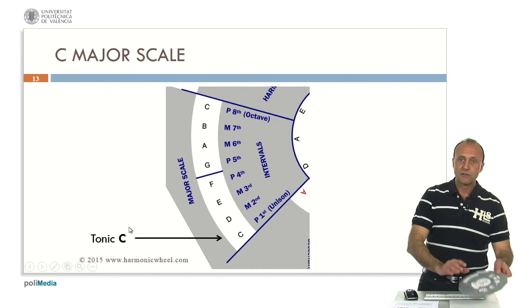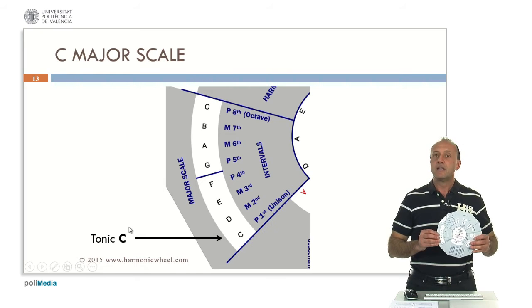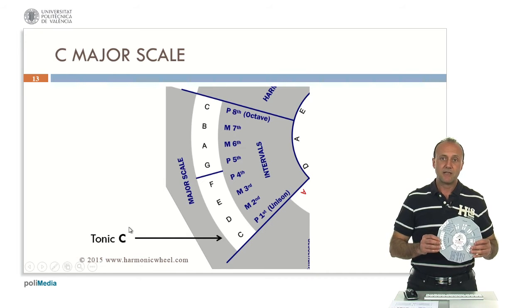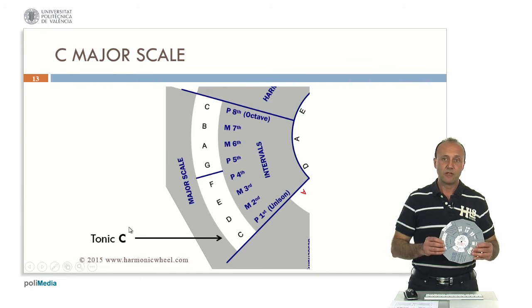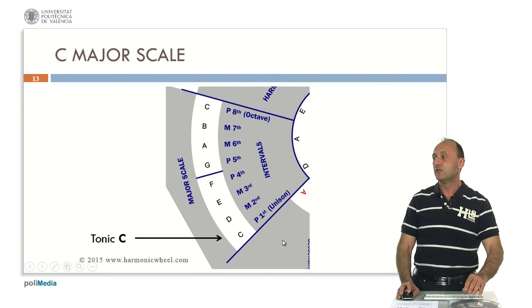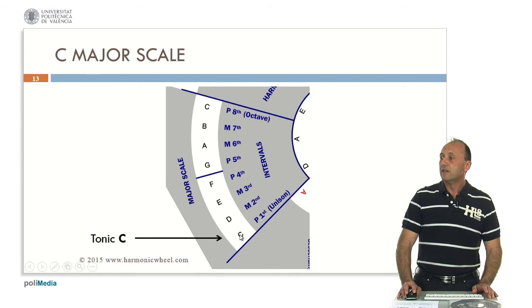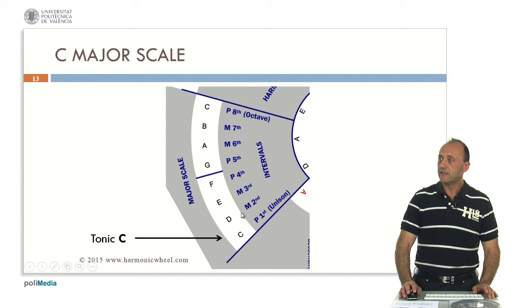The musical abacus gives us any major scale, starting with one of the 12 possible notes. For example, here we chose the note C as a tonic, and we find its major scale, the C major scale.